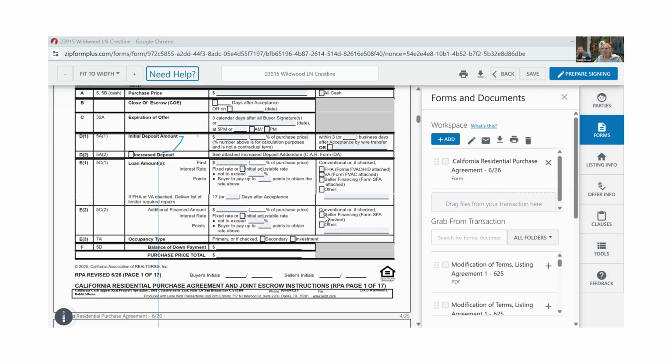You would not complete it if this doesn't apply. Occupancy type. If it's primary, you don't check anything. If it's secondary or investment, you want to check the correct box. This has tax implications.